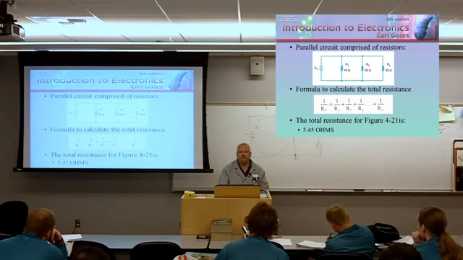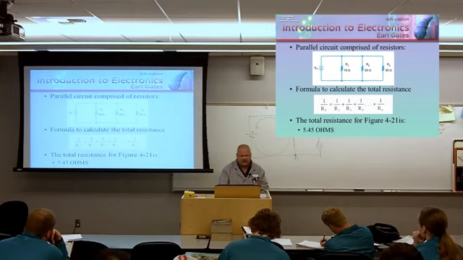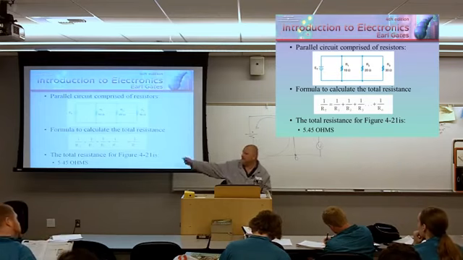Add up all the resistors and then divide by the number of resistors. Only if they're equal. This only works if they're equal. It's a thumb rule. You don't need to use the thumb rule. It's just another tool in your toolbox to make it easier for you. If you doubt me, you could always use that formula.